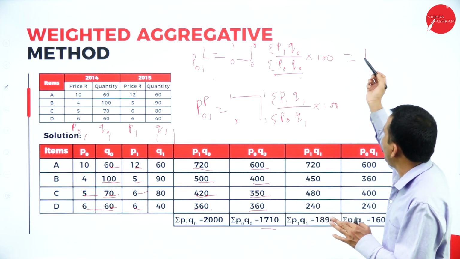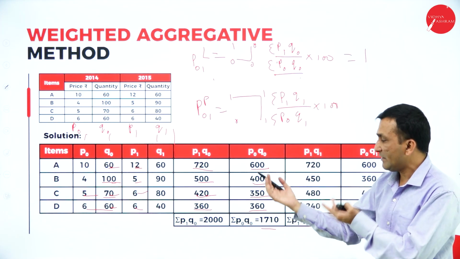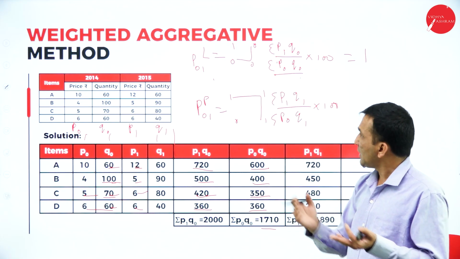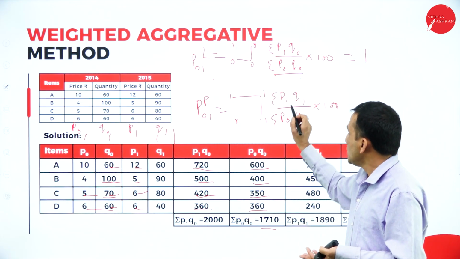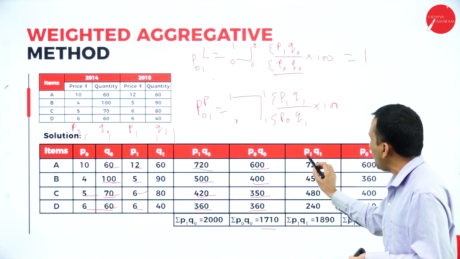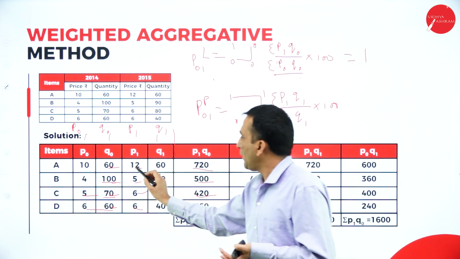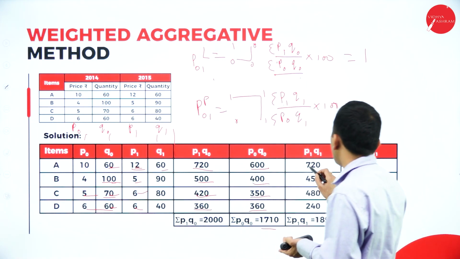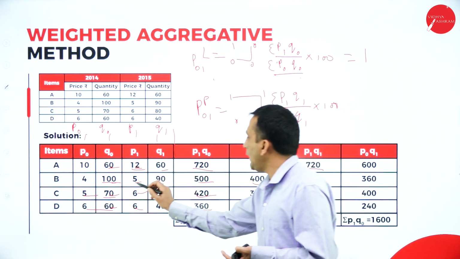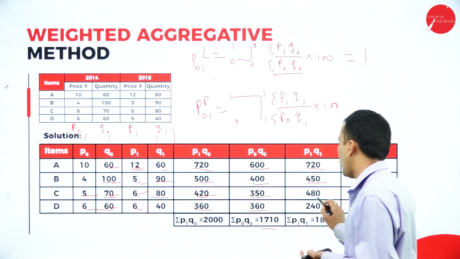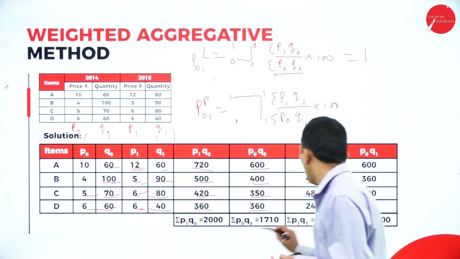So now easily we can write; in the coming slides I will specify. Once Laspeyres is completed, we move to Paasche. The Paasche formula is P1 Q1. P1 value 12, Q1 value 60, 12 into 60, 720; 5 into 90, 450; 6 into 80, 480; 6 into 40, 240.